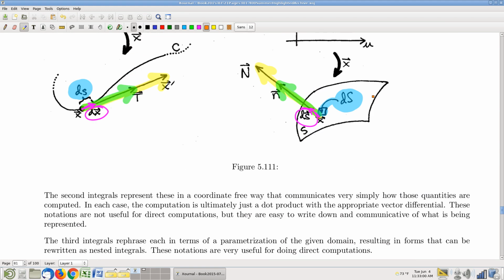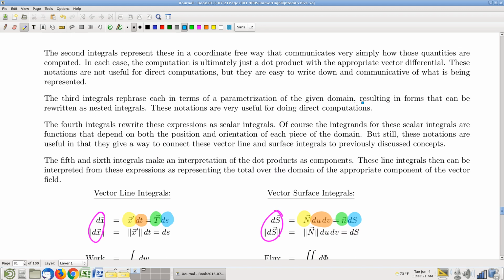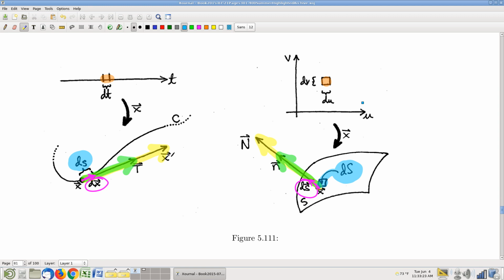Alternatively, oh gosh, color choices. dx is t times ds. The ds vector is little n times ds scalar. Green vector times blue size. So again, the pattern continues.